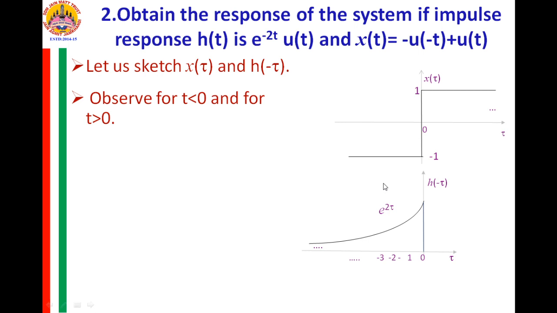If you shift left by an amount t, if it is equal to minus 1, then from minus infinity to minus 1 it will exist. So h of t minus tau exists from minus infinity to t. Therefore, if you shift left by an amount t, the overlapping between x of tau and h of t minus tau will always be from minus infinity to t.